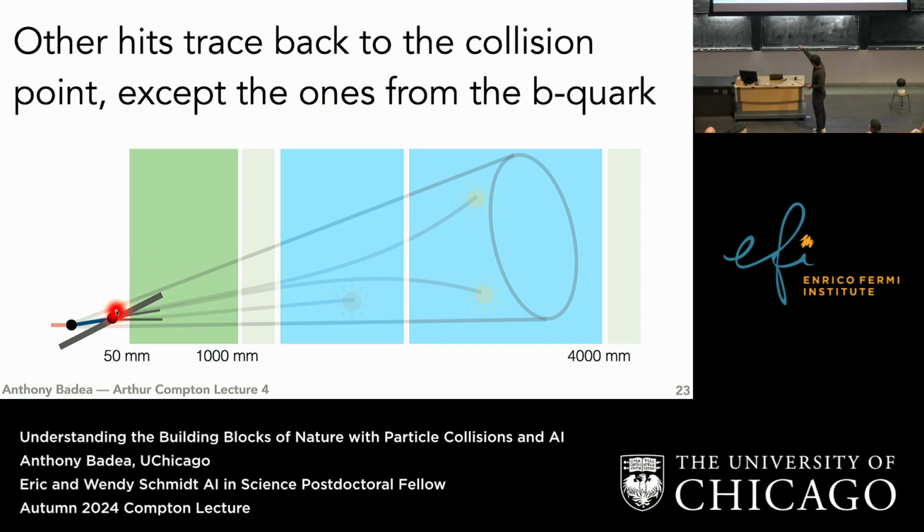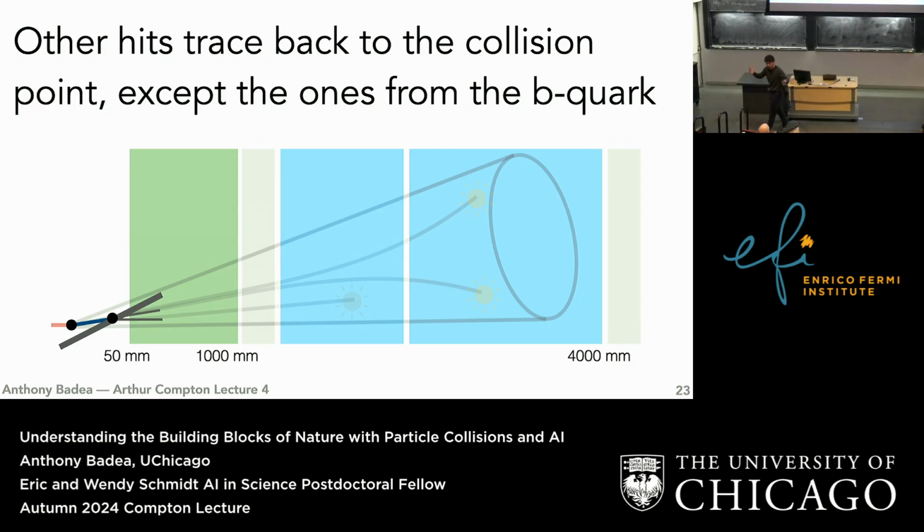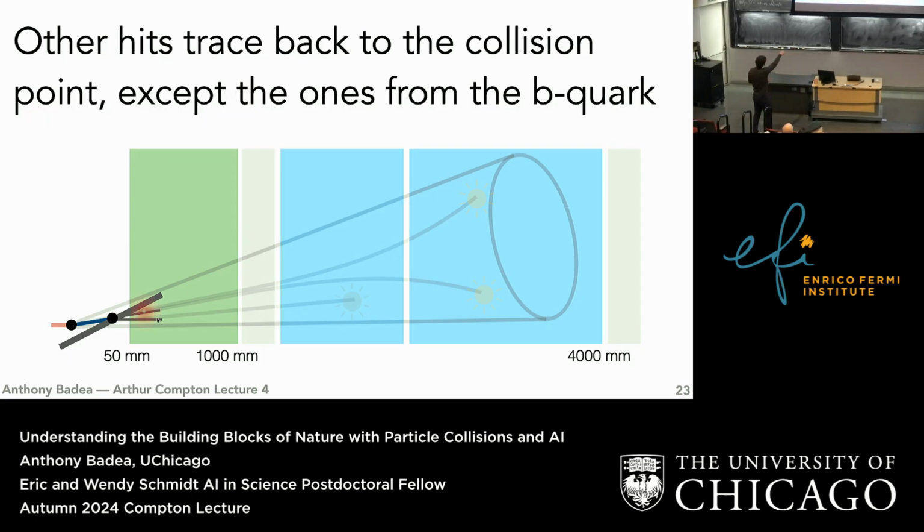You get a spray of particles that looks very similar to the other spray of particles, but you're able to trace back with millimeter precision that this decayed away from the point where the beams collided.